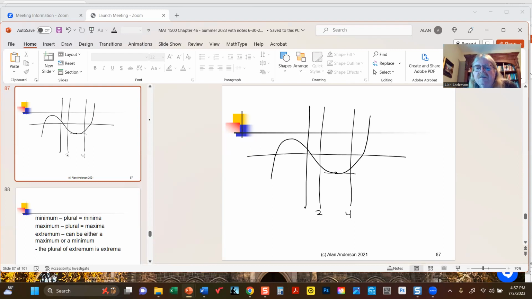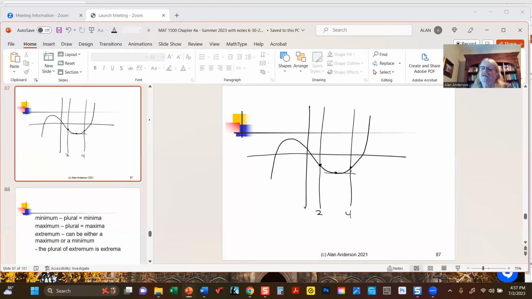Then this is clearly a minimum within that interval, but one of these endpoints could be the maximum within that interval. Even though clearly neither of these points is the maximum for the entire function, if we're only interested in the area between 2 and 4, then one of these two endpoints could actually end up being a maximum or a minimum.